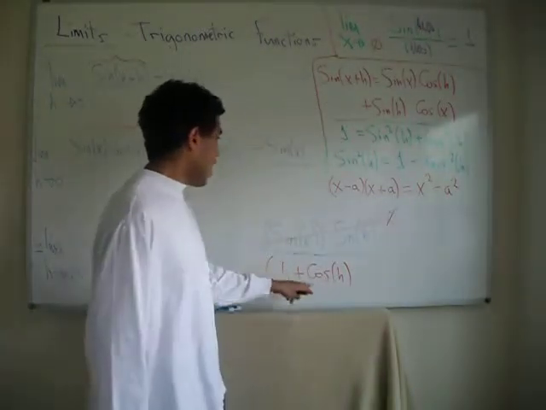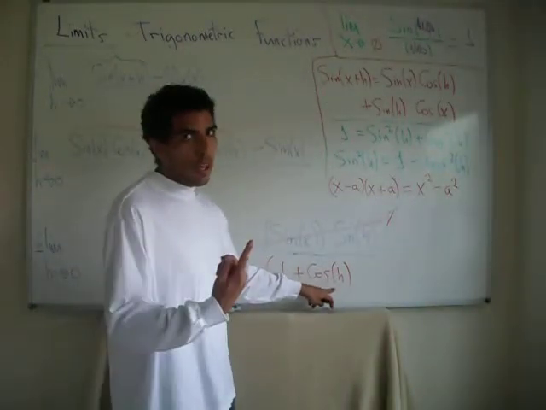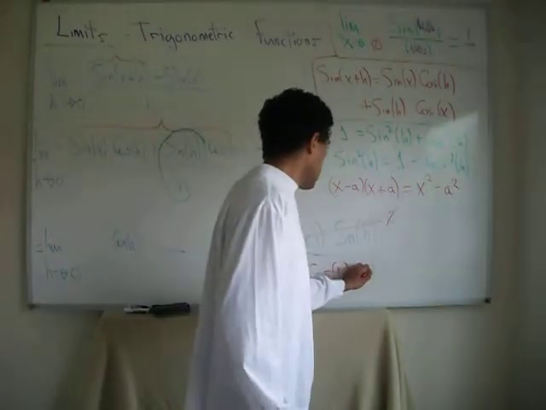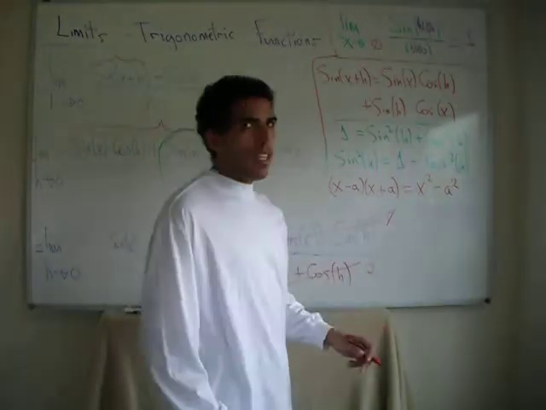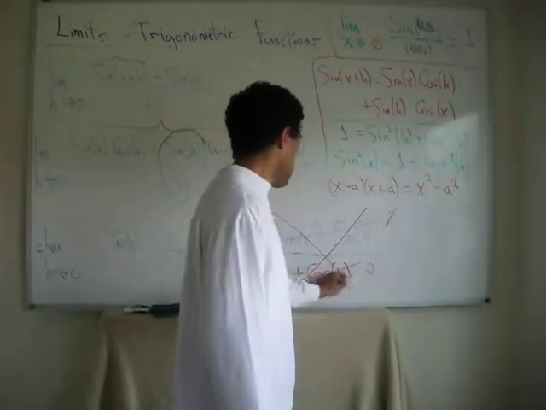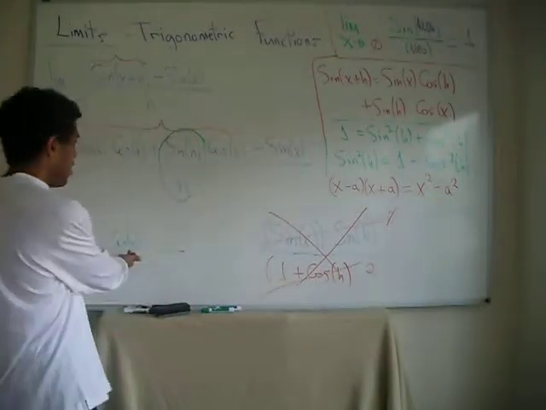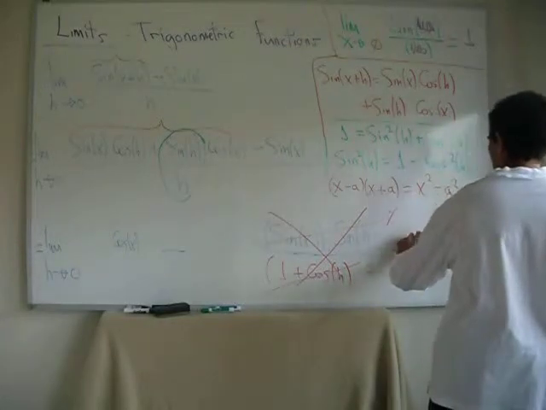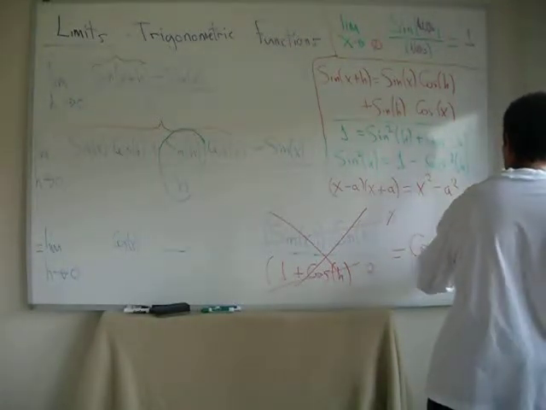And at the bottom, I'm going to have cos of h. Cos of h is 1. 1 plus 1, 2. So I'm going to have 0 over 2. And 0 over 2 is 0. So this whole expression is 0. It's gone. And all I'm going to have left is cos of x. So the answer of the exercise is cos of x.